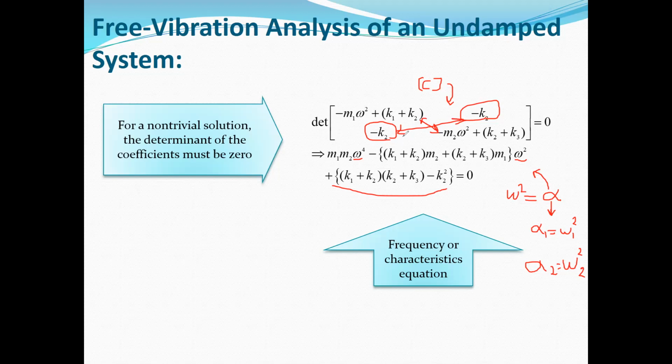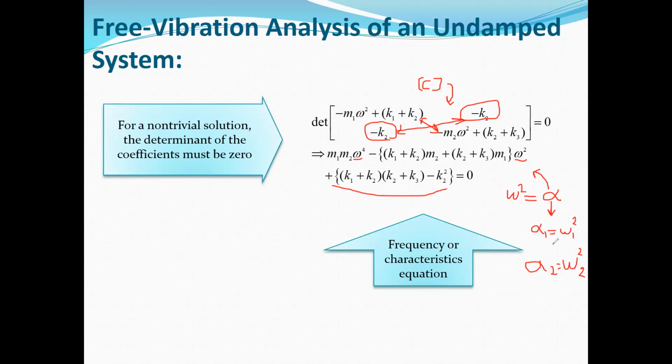So when we talk about the eigenvector in vibration, in fact, we are discussing the mode shape. And when we talk about the eigenvalue, in fact, we are talking about the natural frequency of the system.